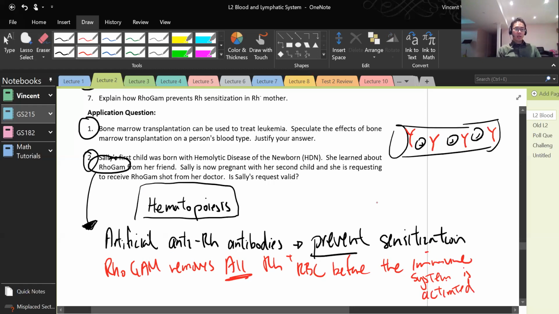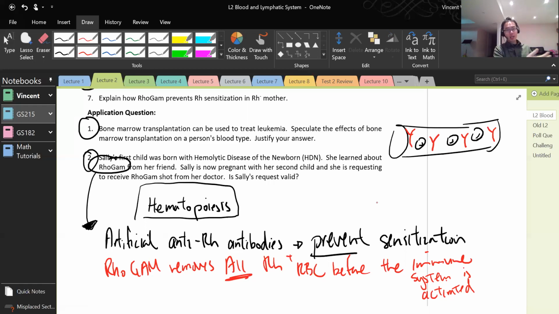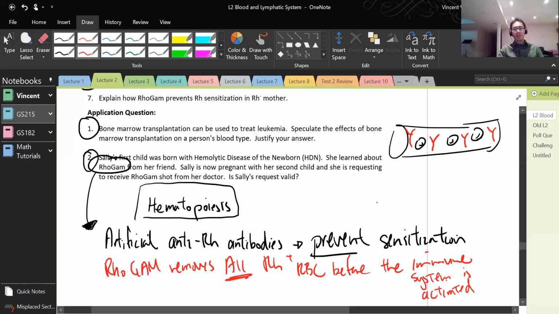Now, in this question, Sally's first child was already born with hemolytic disease of the newborn, which means she already has anti-RH antibodies in her system. So giving her RhoGAM would not undo that process. RhoGAM is to prevent sensitization, not reverse it. So for that reason, there's no need.